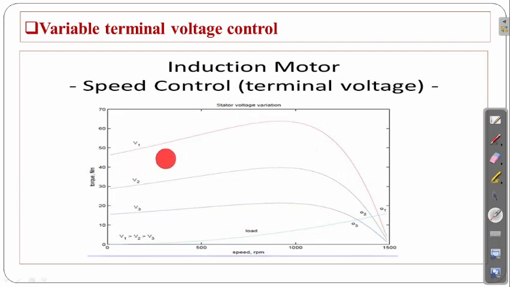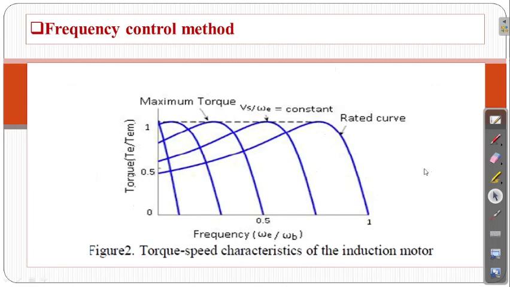Here it is a slight increase as well as a slight decrease, and V2 and V3 are the same. The load will differ here. See, V1 is greater than V2 and V2 is greater than V3. This is the variable terminal voltage control.